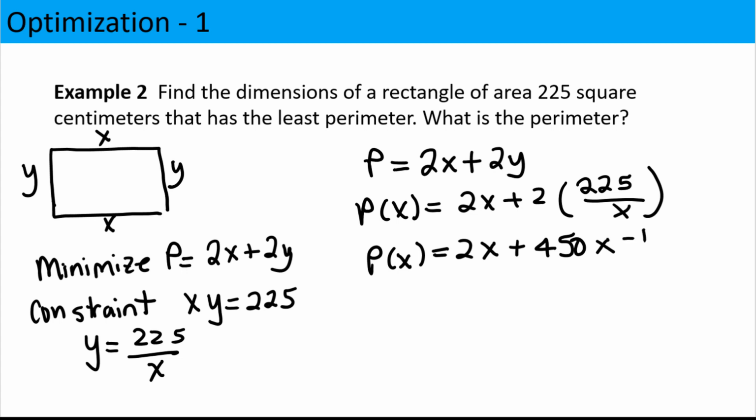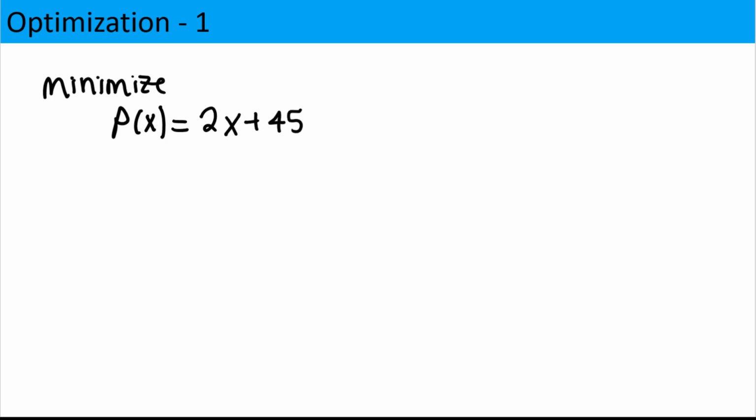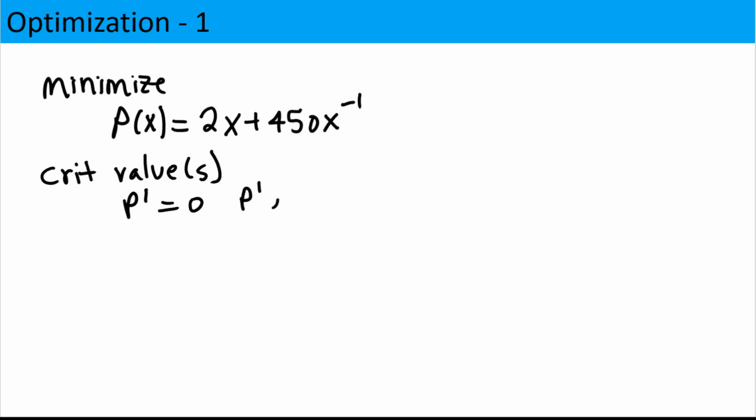So what we need to do then is to use a derivative test to minimize the function P of x equals 2x plus 450x to the minus 1. In order to use a derivative test, we first begin by finding critical values, if any. Critical values are where the derivative equals 0 or the derivative is undefined.